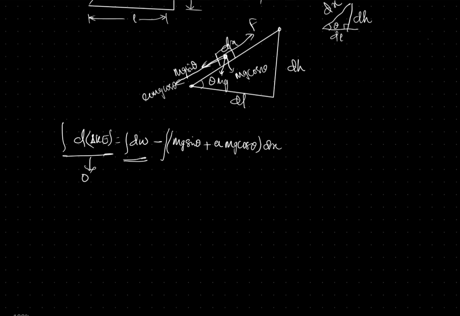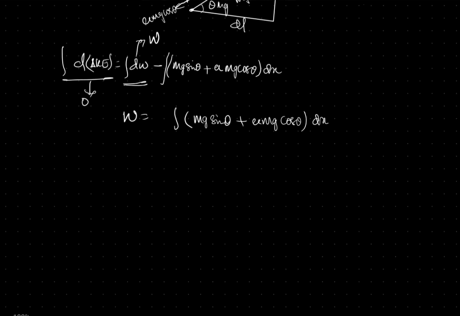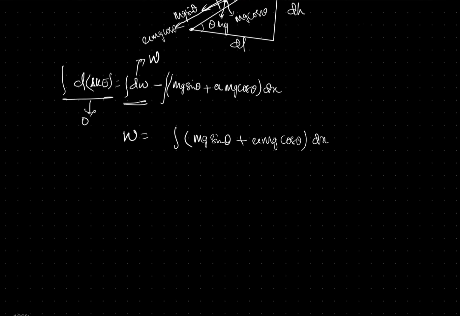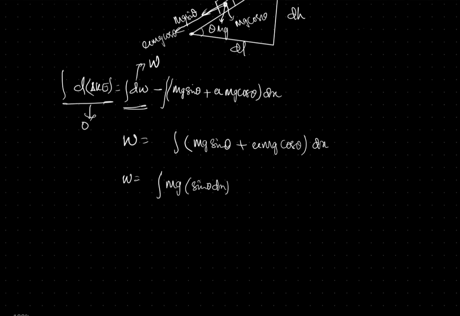We want this work done, so this will be W, and W equals the integration of mg sin theta plus mu mg cos theta into dx. We can multiply the dx inside. W equals the integration of mg sin theta dx, plus mu mg dx cos theta.